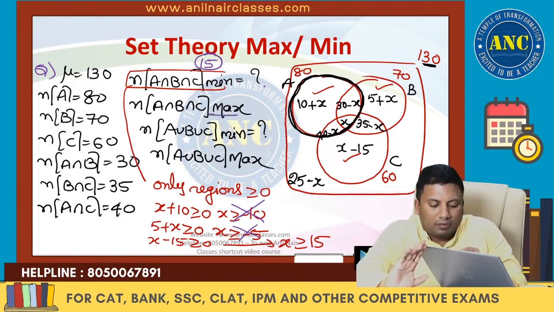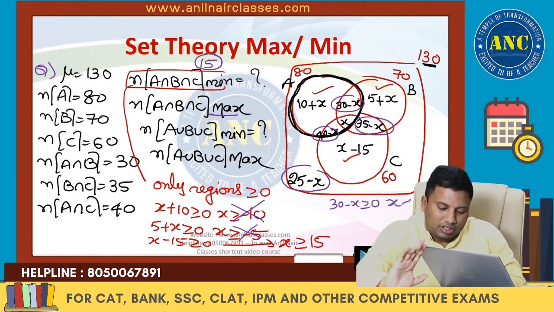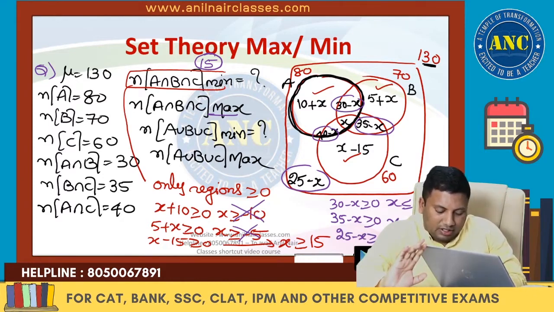Maximum is other than only regions should be greater than or equivalent to 0. 30 minus x greater than or equivalent to 0, X less than or equivalent to 30. 35 minus x greater than or equivalent to 0, X is less than or equivalent to 35. 25 minus x greater than or equivalent to 0, X is less than or equivalent to 25. 40 minus x greater than or equivalent to 0, X is less than or equivalent to 40.